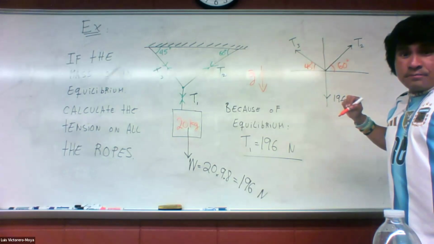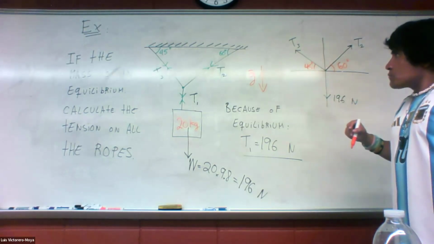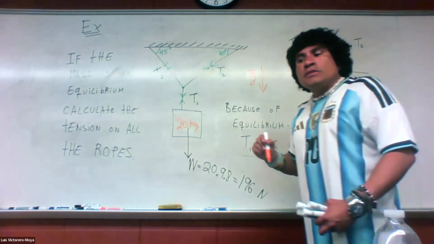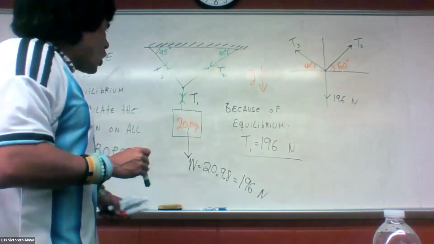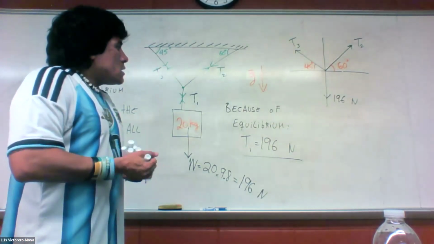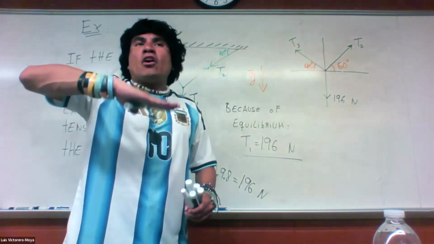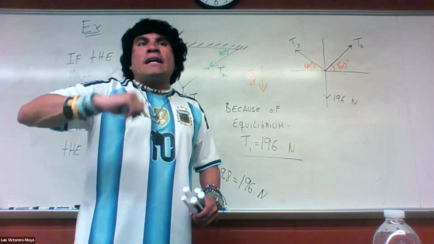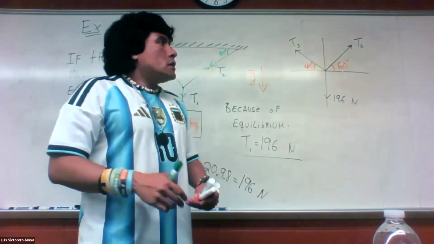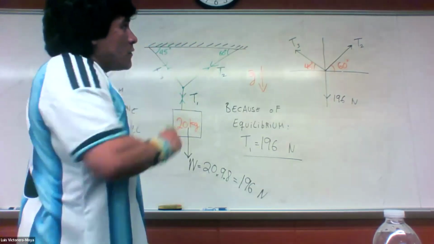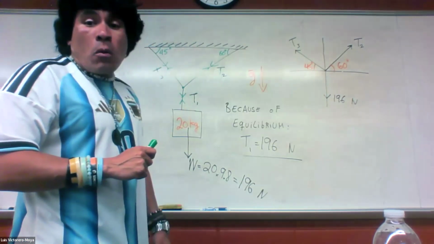At this level, it should. 60, 45, right? Okay. So, equilibrium, guys, means that the object is not moving, horizontally or vertically. So horizontally, the net force has to be 0, and vertically as well. So I have to break T2 and T3 into components.